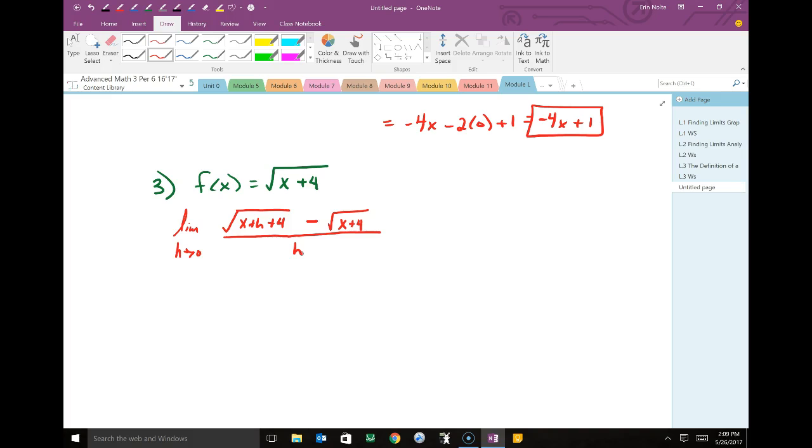Do you guys remember how we work with square roots? Square it? Not a bad idea. But how do you get rid of square roots? Now wait a second. You literally square it.